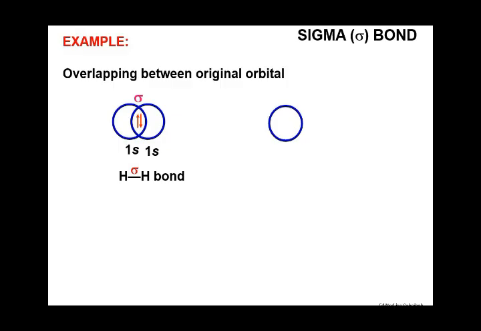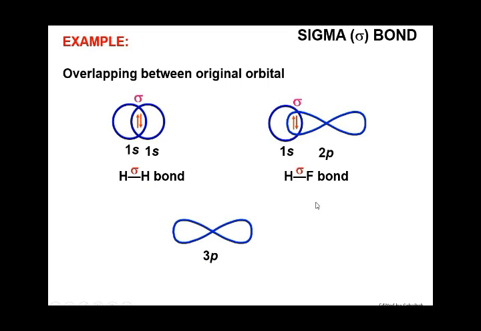If one s orbital overlaps end-to-end with a dumbbell, which is a p orbital, the end-to-end overlapping shows a sigma bond. If overlapping between two dumbbells with opposite spin, we show a sigma bond.